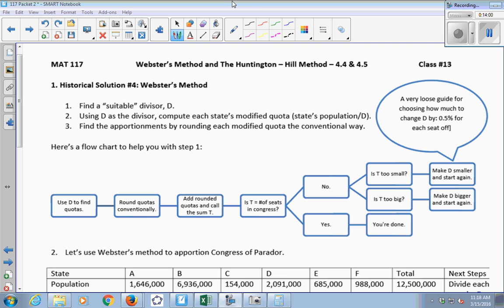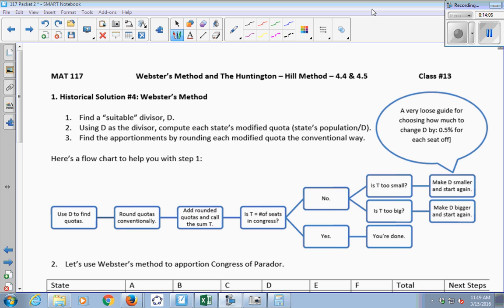Okay, so let's look at our next two methods here. Historical solution number 4 is Webster's method, named after Daniel Webster, again, a historic figure in American history.